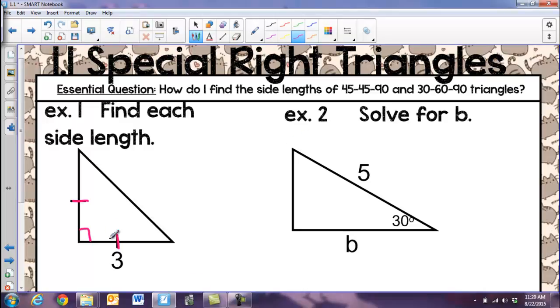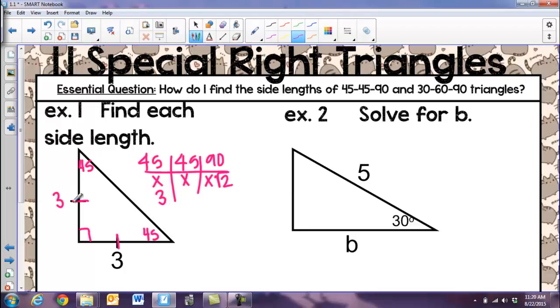Okay, and since I know it's isosceles, I know I can put in that this is 45, this is 45, and I can go ahead and draw my 45, 45, 90 chart. So I know that those proportions are x, x, and x root 2. And then I go ahead and fill in what I know. In this one, I know that opposite the 45-degree angle is 3.